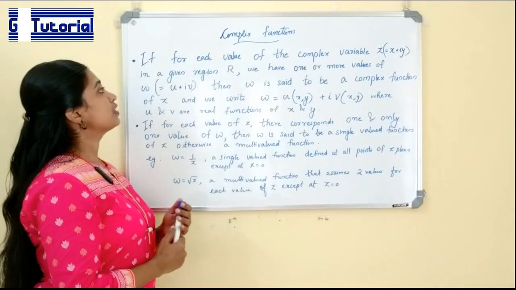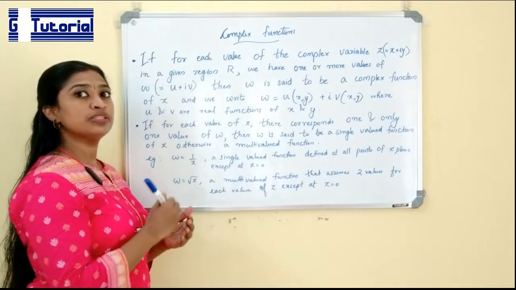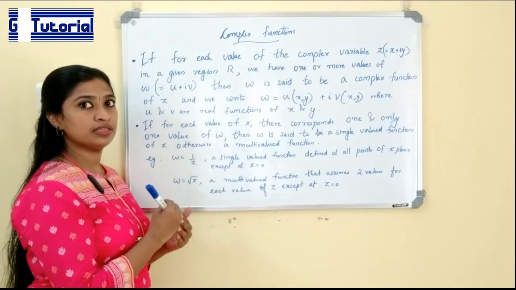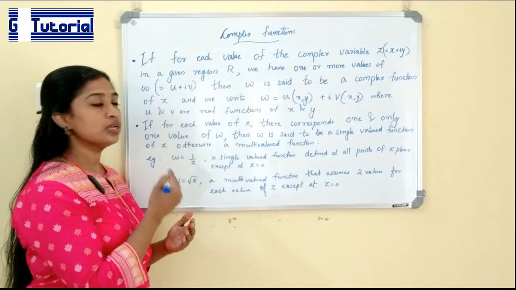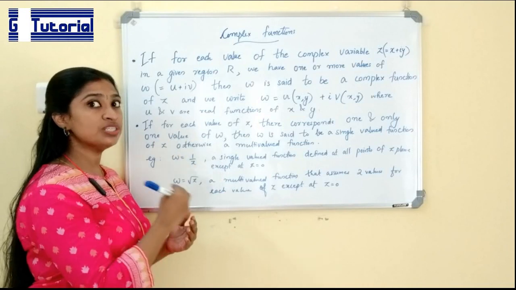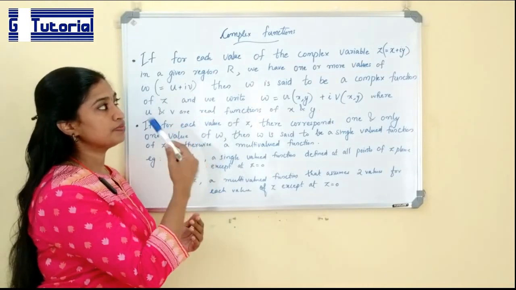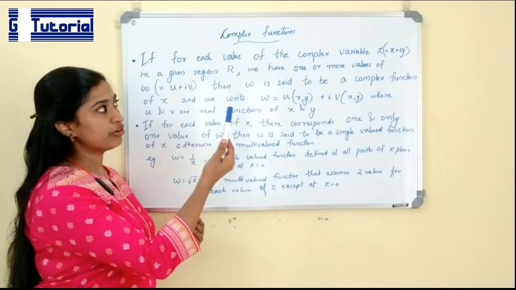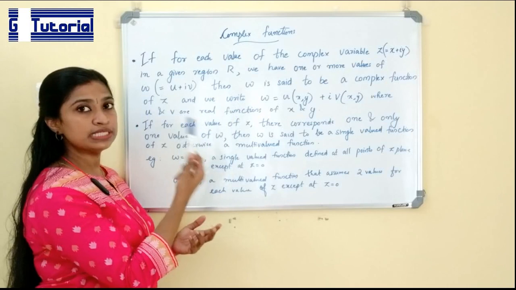That is, w is a complex function of the complex variable z, which is obtained by giving various values for z from a region R. That is, by giving different values for x and y, we obtain different complex variables z.